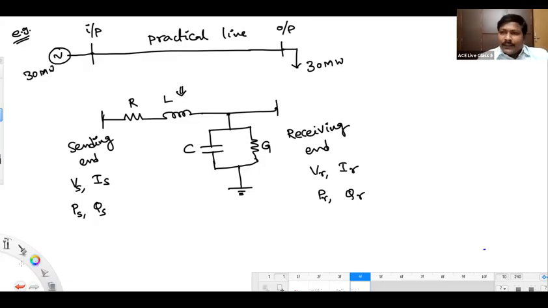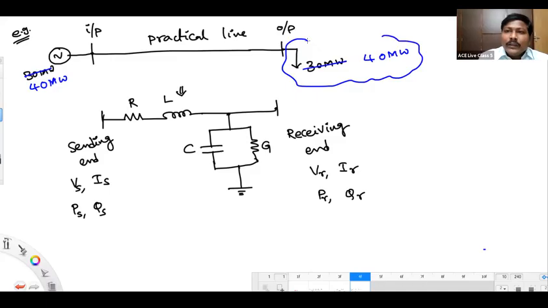Now, all of a sudden, I increase the power demand from 30 megawatt to 40 megawatt. Then obviously the generation will be increased from 30 to 40. Tell me, without changing the load, is it possible to increase the generation from 30 to 40?